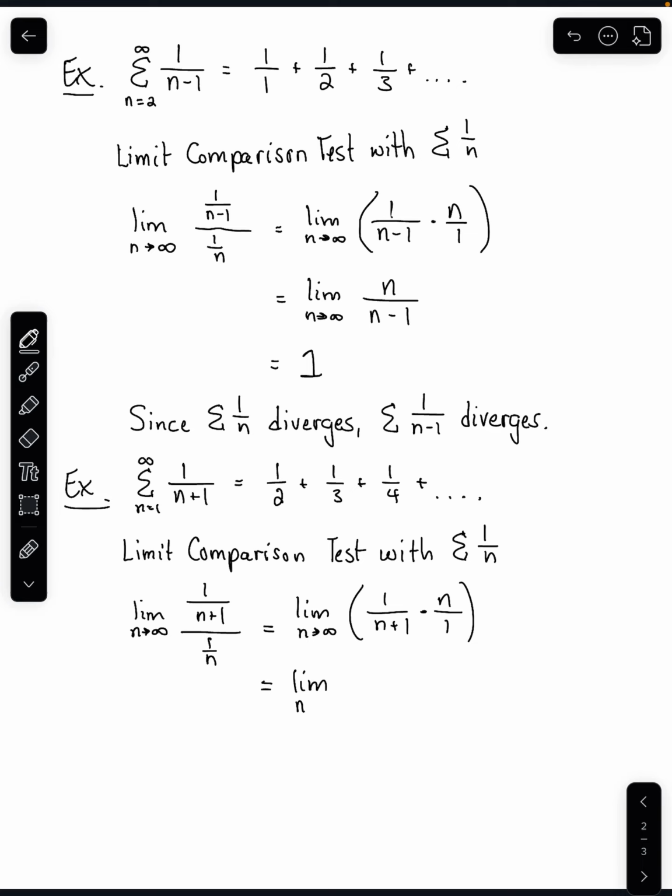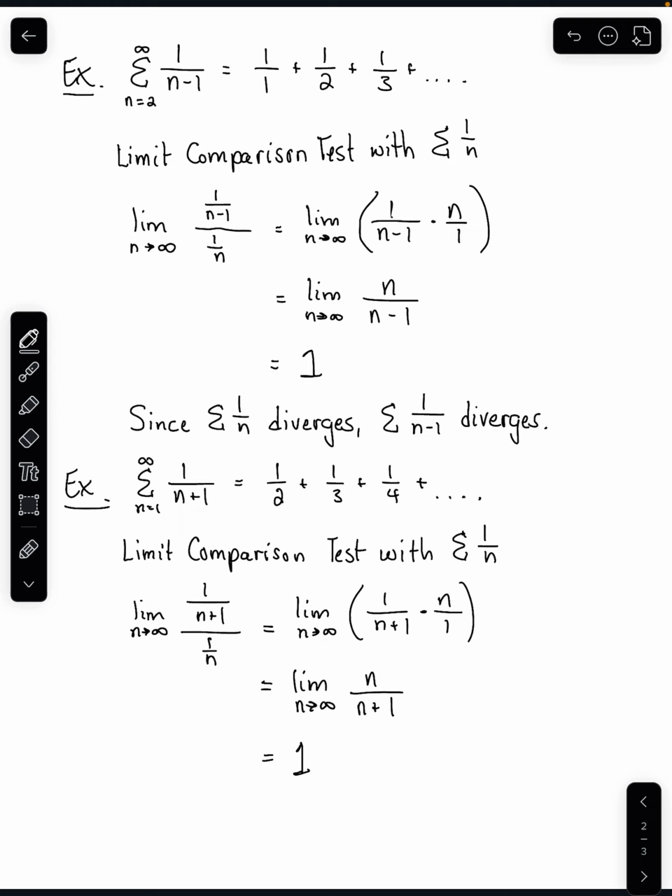And just like before, we get a degree 1 polynomial in the top and a degree 1 polynomial in the bottom. And the fact that this time we have a plus 1 in the denominator, as opposed to the previous one that had a minus 1 in the denominator, those minus and plus 1s are actually irrelevant in terms of evaluating the limit.